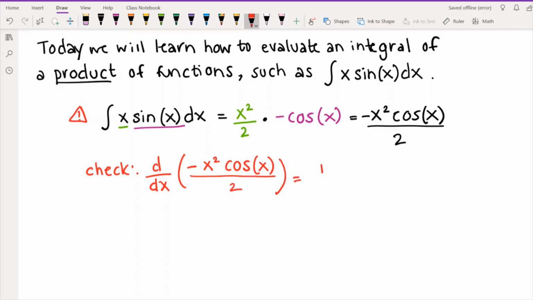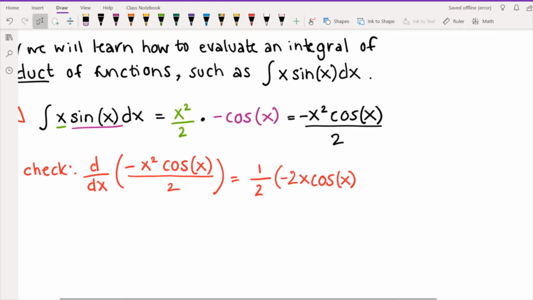well, we can pull the 1/2 out, right? And then you'd have to use the product rule, right? If you wanted to take the derivative of negative x squared times cosine of x, you'd have to use the product rule. And so it would end up being negative 2x cosine of x times, and then we take the derivative of cosine, which is negative sine.